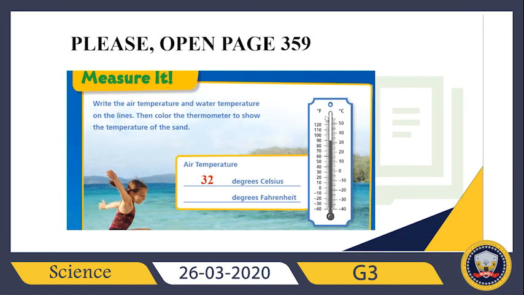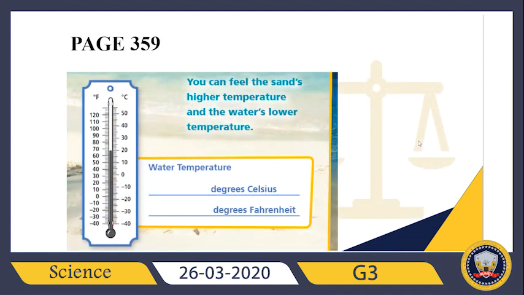What about Fahrenheit? When I check the left part, I can see this line is equal to 90 degrees Fahrenheit, right? Good job. What about the water temperature? It says you can feel the sand's higher temperature and the water's lower temperature. So let's check my thermometer right now.